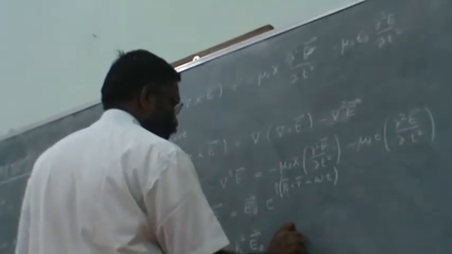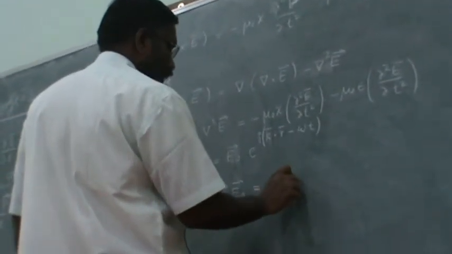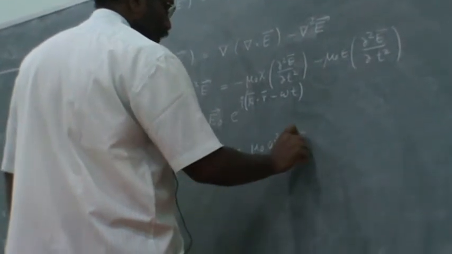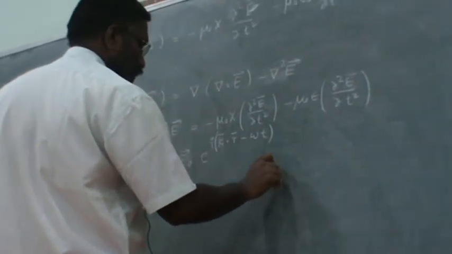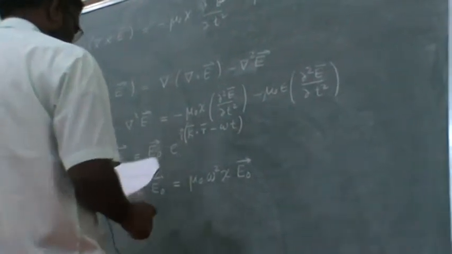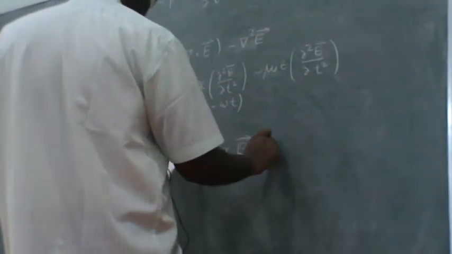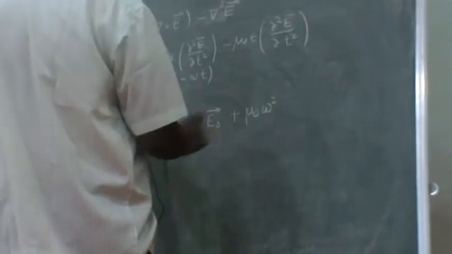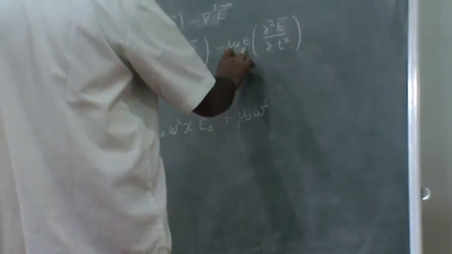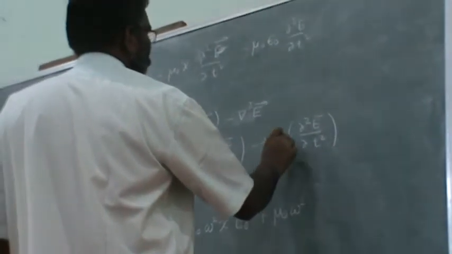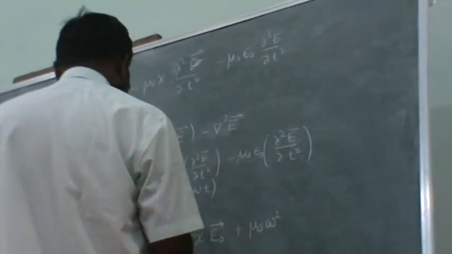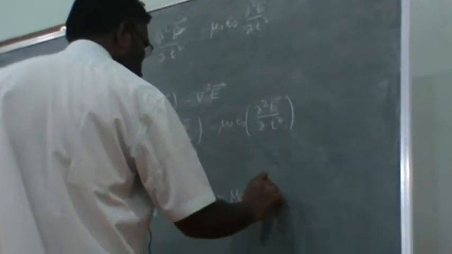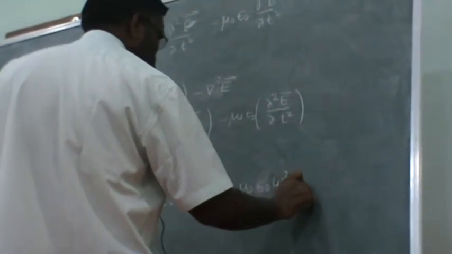mu naught omega square into chi into E0 plus mu naught epsilon naught omega square into E0.